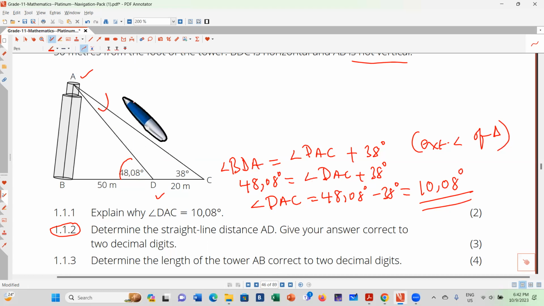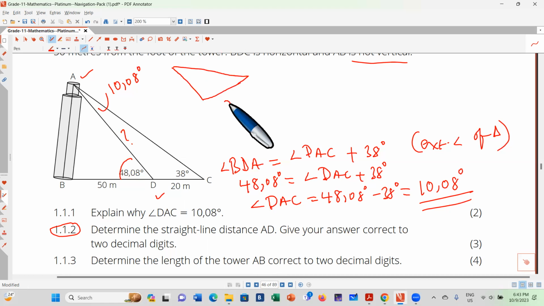Right, so we know that this angle here, what is it? The angle DAC is 10,08 what? Degrees, isn't it? Right, so if we want to find right now the distance from A to D, we basically have this triangle here. This side is 20 meters. This angle is 10,08 degrees.